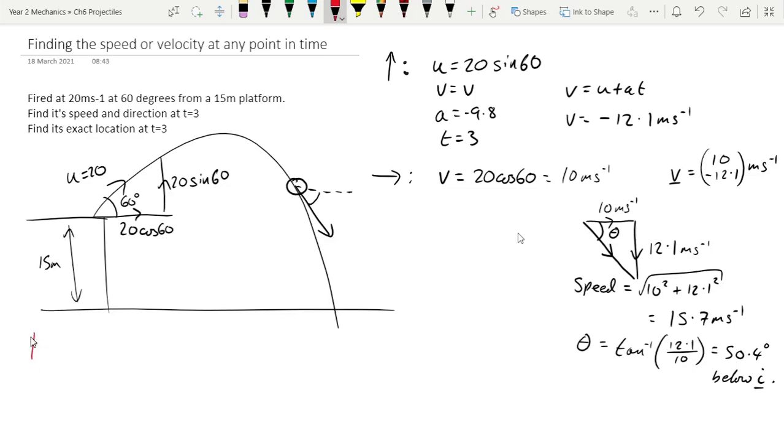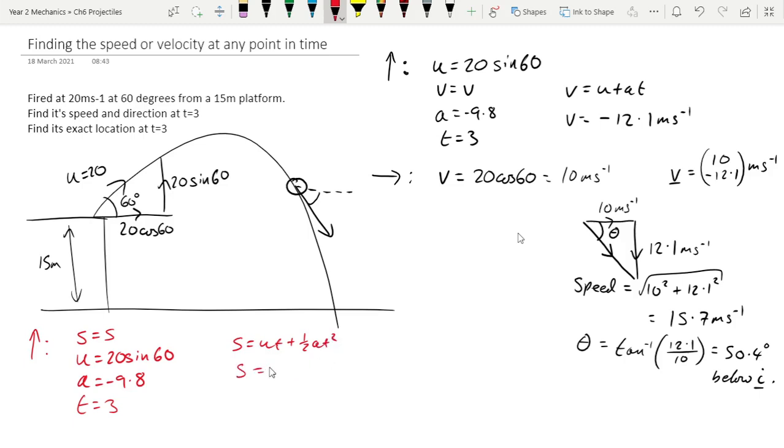Let's do the vertical position first of all then. So vertically, we want to find S. U is 20 sine 60. A is minus 9.8. And T is 3. So we can use S equals UT plus half AT squared.